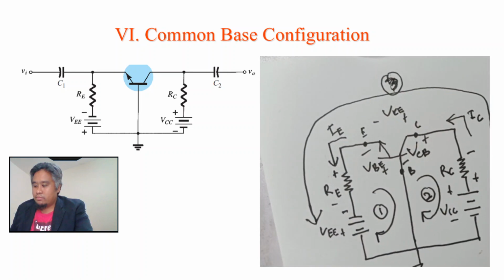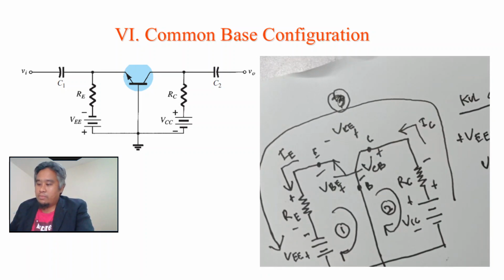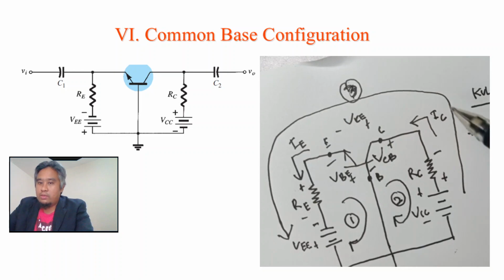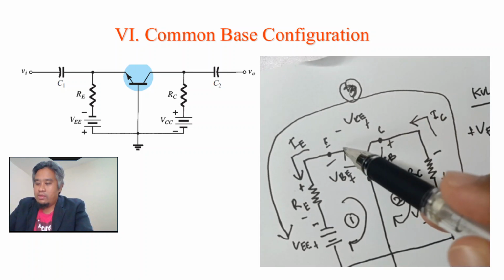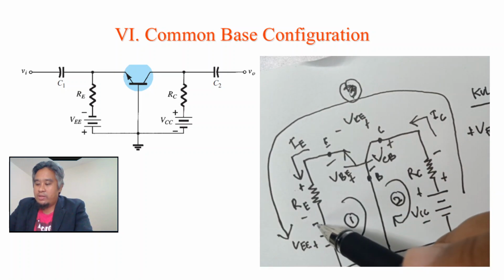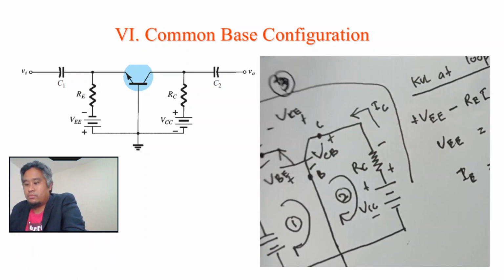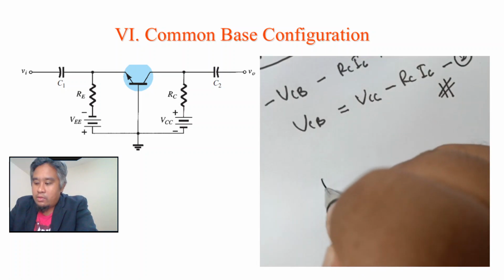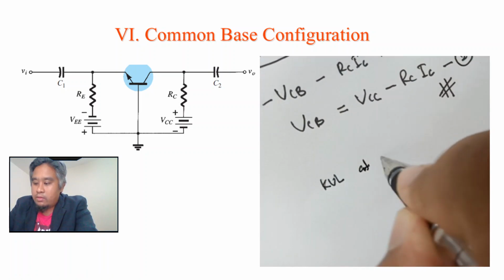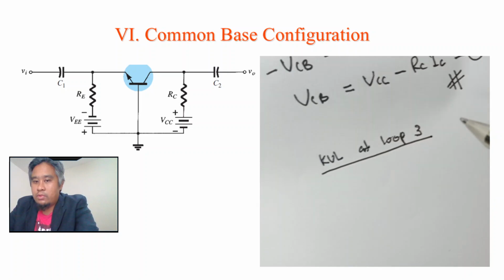Same thing, KVL at loop 3. We start with VCC first.